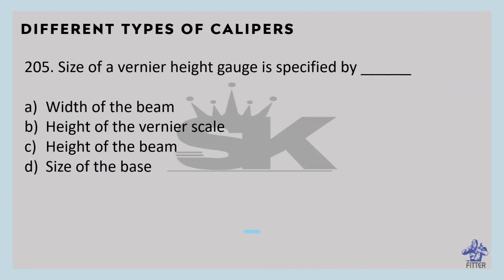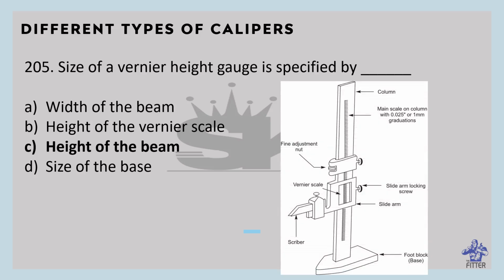The size of a vernier height gauge is specified by the height of the beam. You can see in the image, the column or beam. The beam of a vernier height gauge is similar to the main scale of a vernier caliper, and is attached to the base.